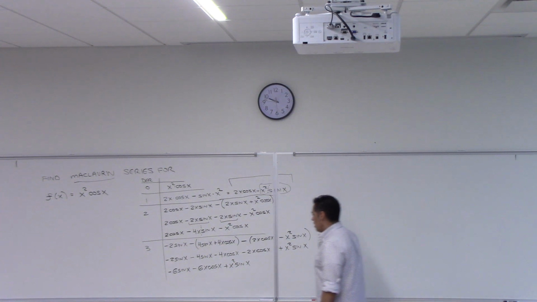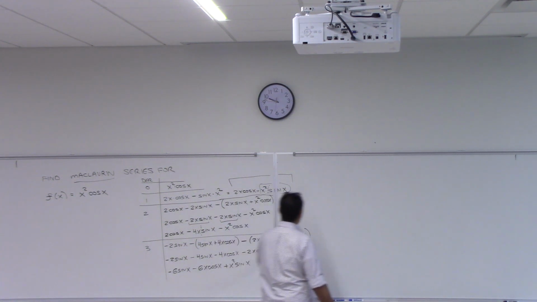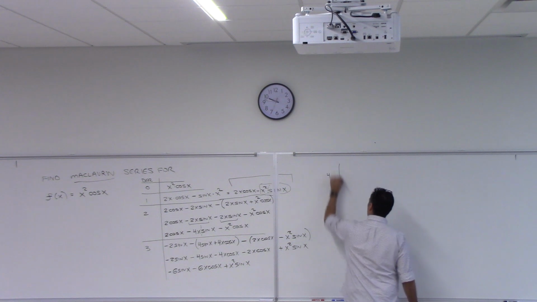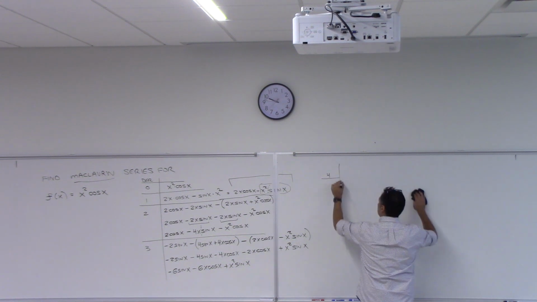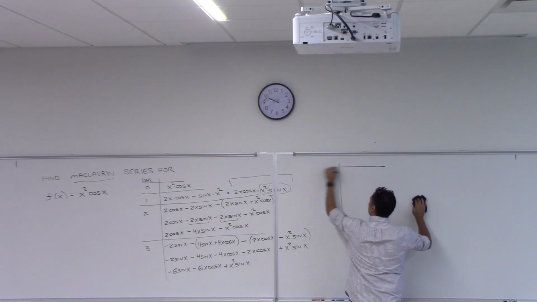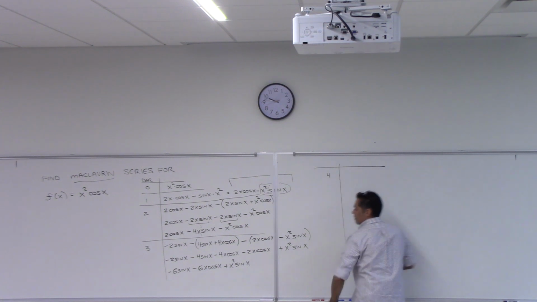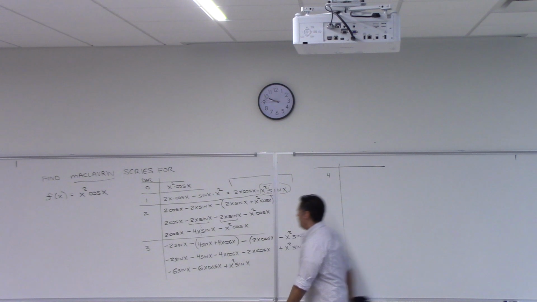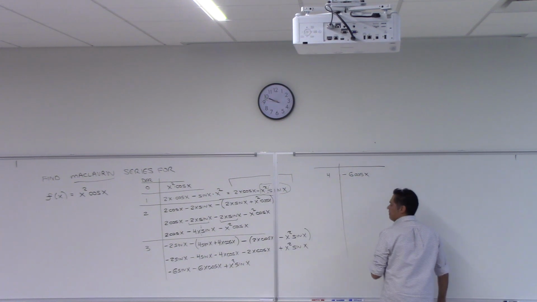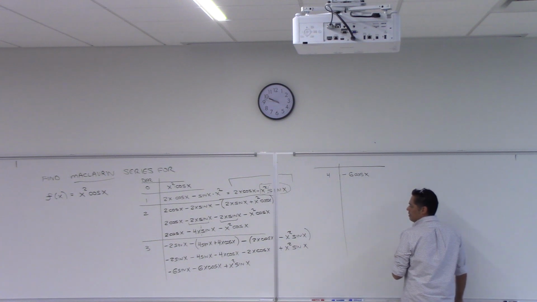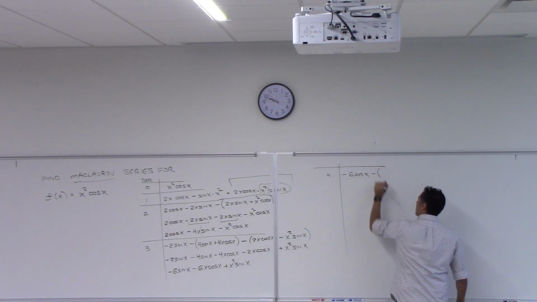So what about one more derivative? Let's try the fourth derivative. All right, derivative of that one. Negative 6 cosine x, right? And then another product rule. Minus, here we go.